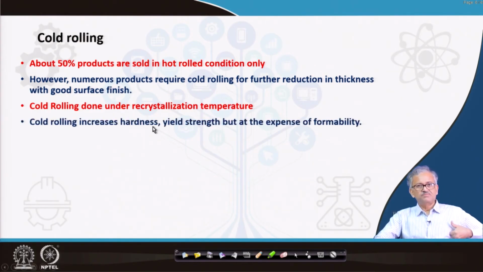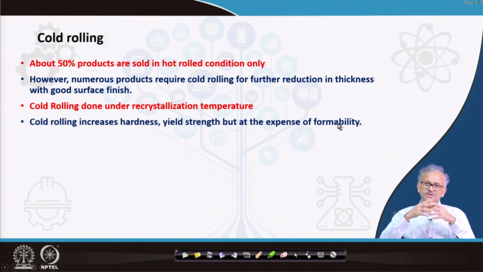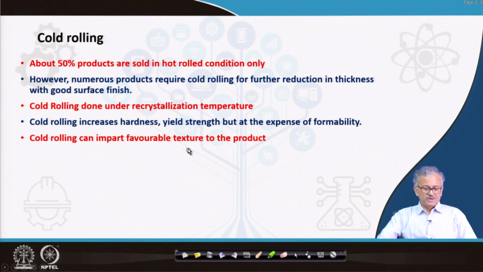The structure becomes higher in hardness, much harder. Yield strength is higher, but at the expense of formability. Its formability decreases to some extent. But cold rolling can impart a favorable texture to the product. Favorable texture means favorable grain orientation that can produce some special mechanical properties.